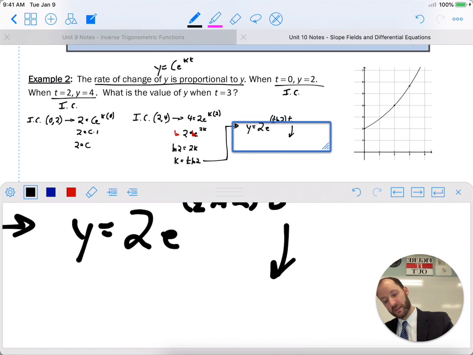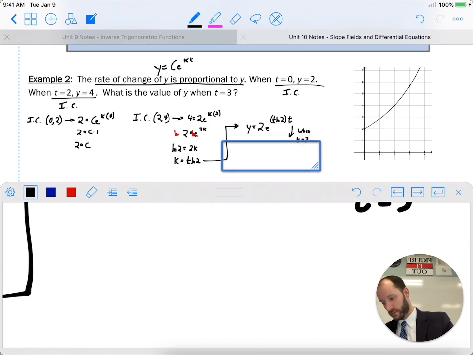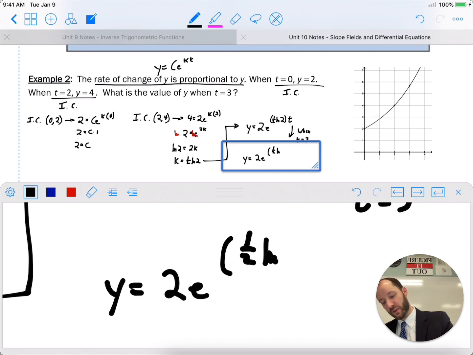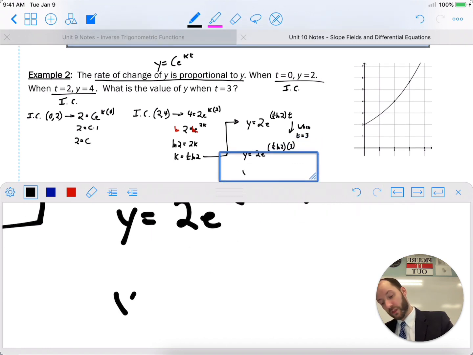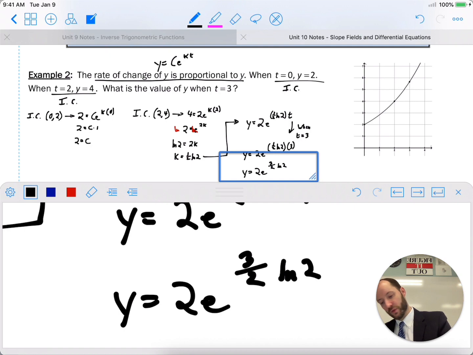So our model, when t equals 3, plug the 3 in. So y equals 2e to the 1/2 ln of 2 times 3. And the simplification, 1/2 and 3, 3/2 ln of 2.